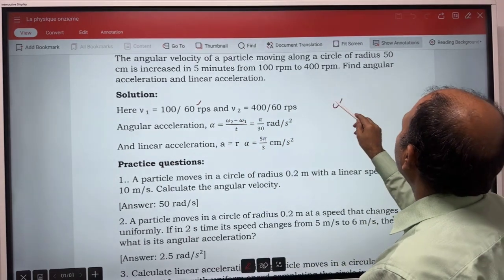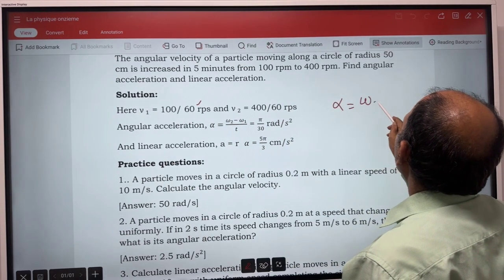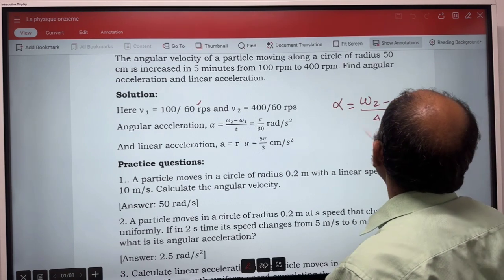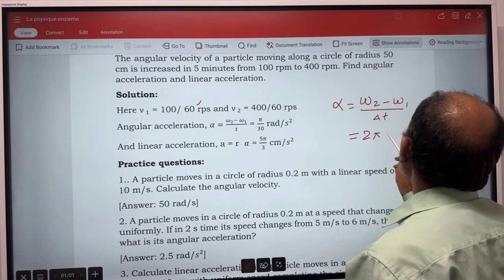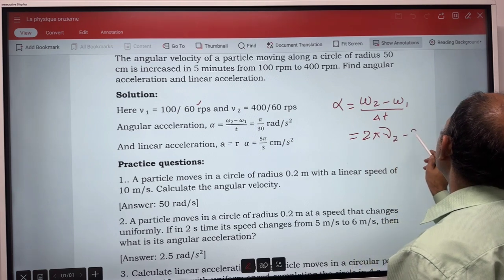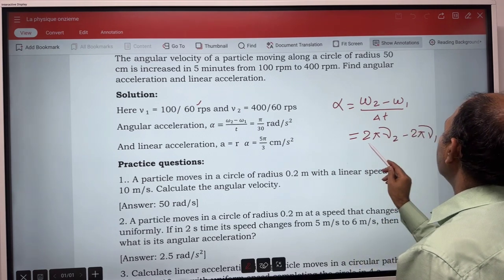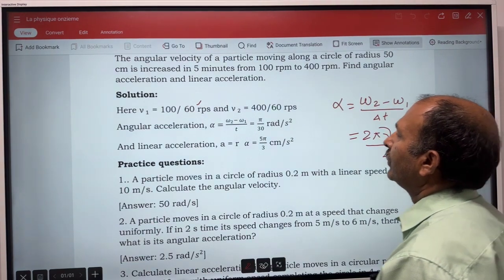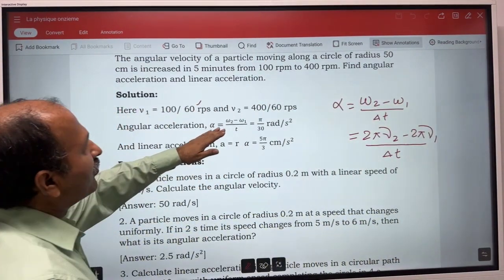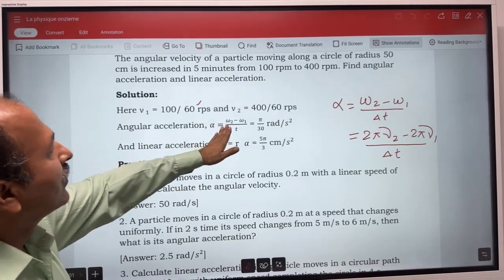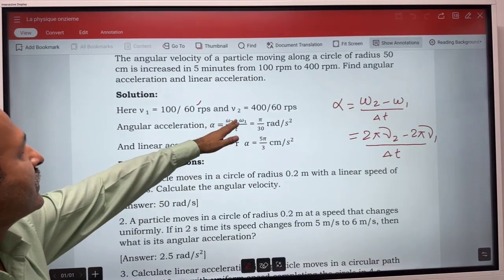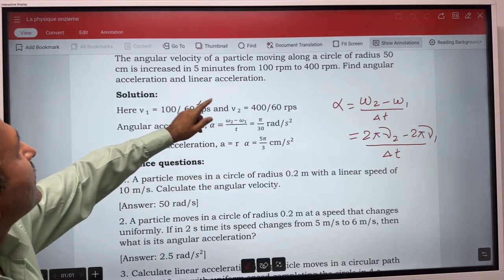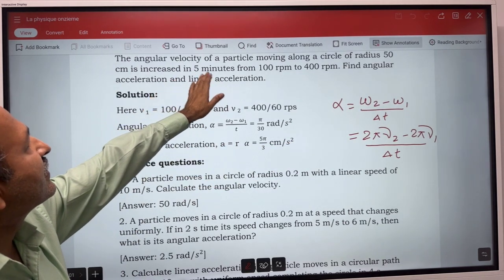And if you remember, alpha is omega 2 minus omega 1 divided by delta t, the time difference. Omega is 2 pi nu, so it is 2 pi nu 2 minus 2 pi nu 1 divided by delta t. We can put the values: 2 pi nu 2, minus 2 pi nu 1, and the time taken is given as 5 minutes, meaning 300 seconds.